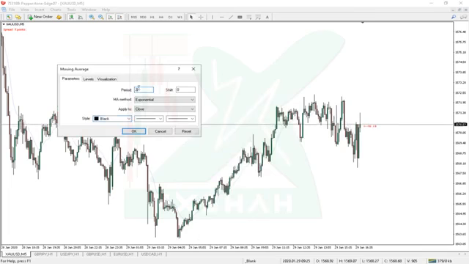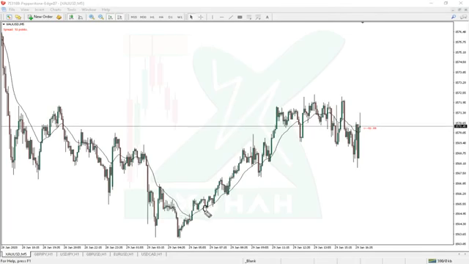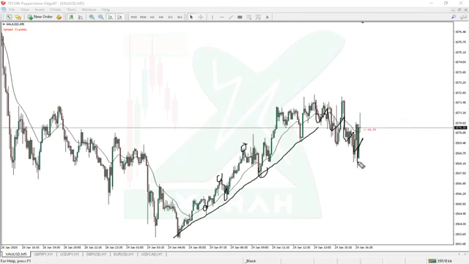If we make it a 20 EMA, it means that the market is trending up on the 5 minute chart. As you can see, the market is making higher highs and higher lows, so it is trending upside. This is our correction in a lower time frame.